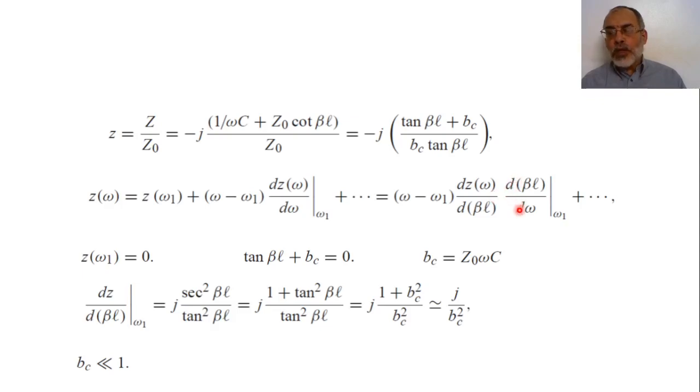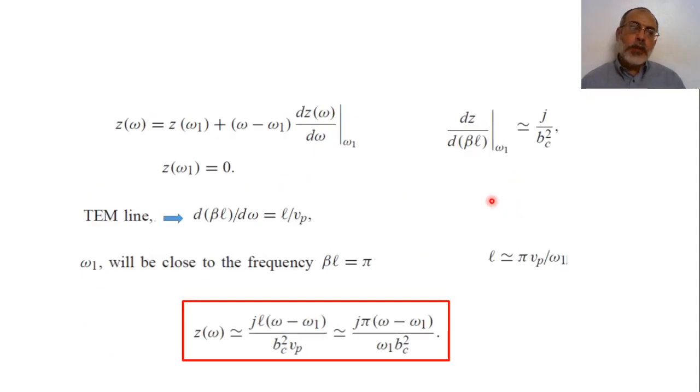d beta L over d omega can be obtained for the case of a transverse electromagnetic line as L over VP. How comes? Actually, the value of beta is omega over the phase velocity, omega over VP.